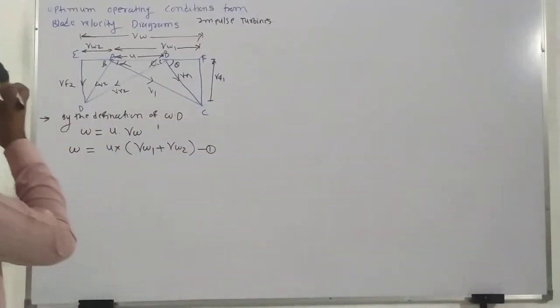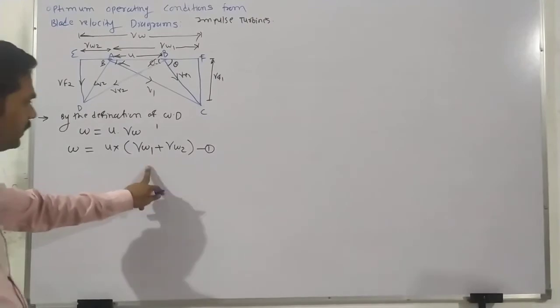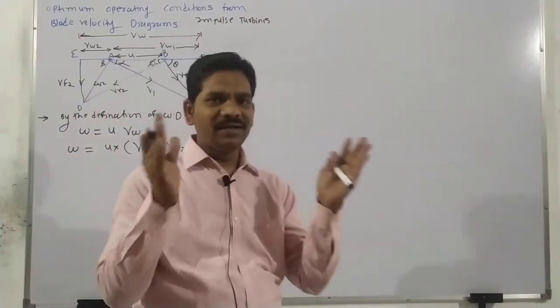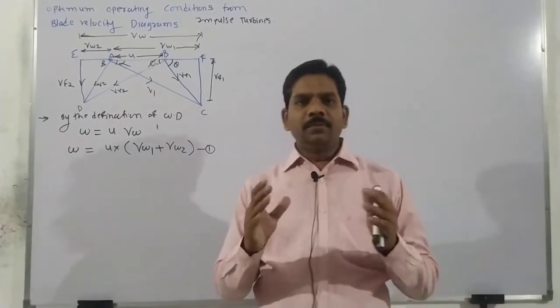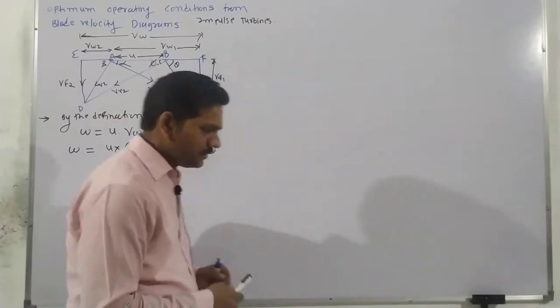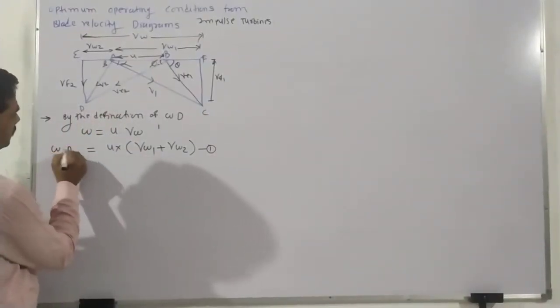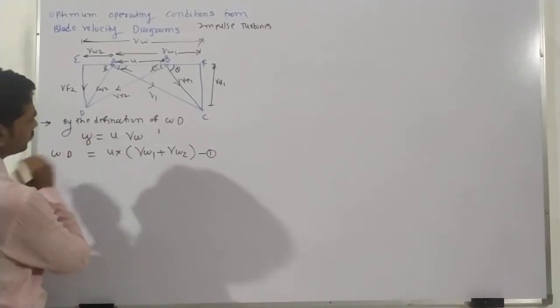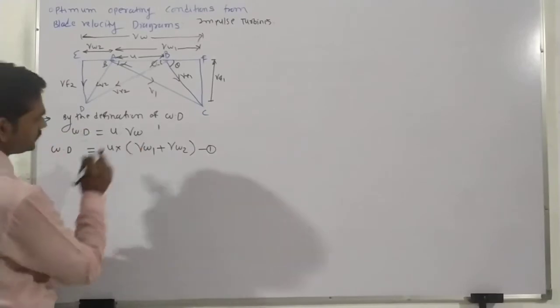After that, let us determine the values of VW1 and VW2. VW1 is the whirling velocity at inlet, and VW2 is the whirling velocity at outlet. So let us find this equation for the work done by the blades.